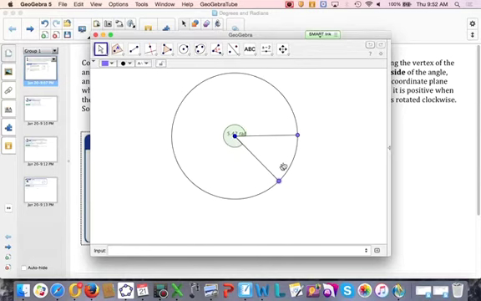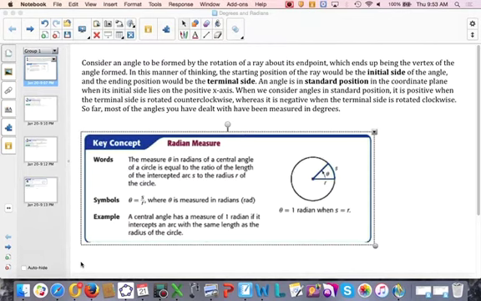If it took 3.14 to get halfway around, all the way around, that's approximately 6.28, which I'm hoping you would notice is really close to 2 pi.